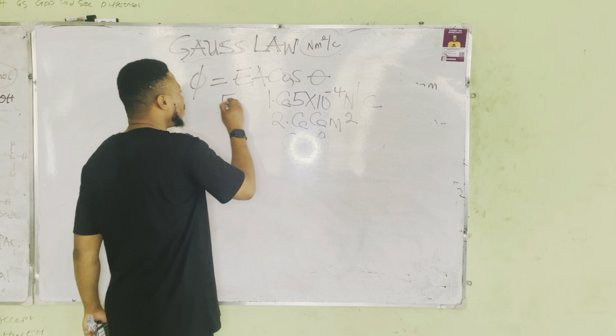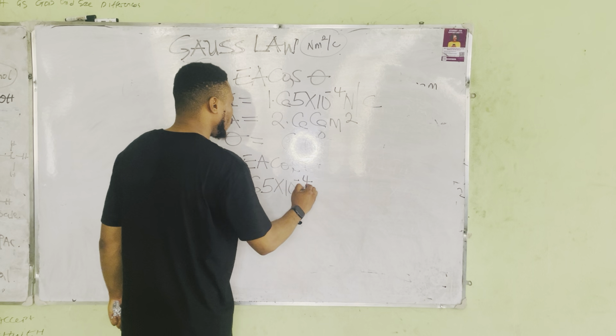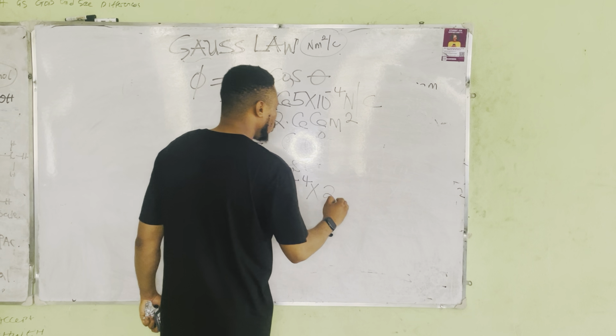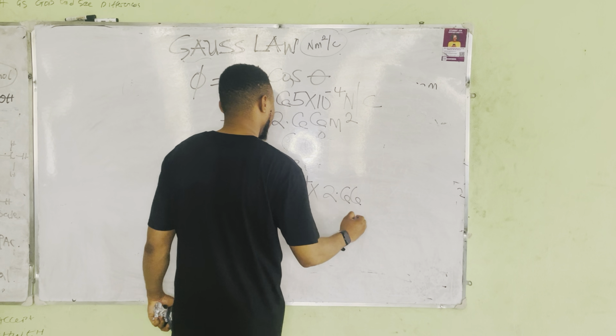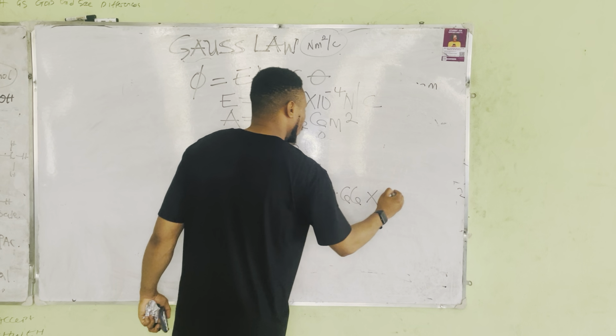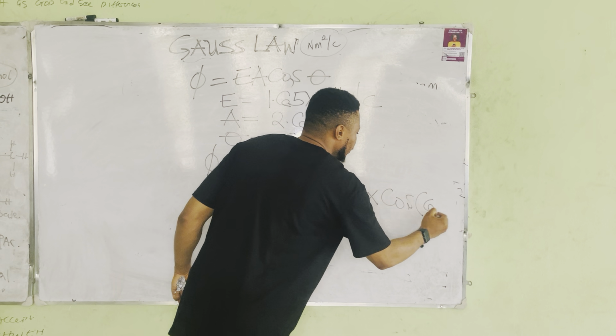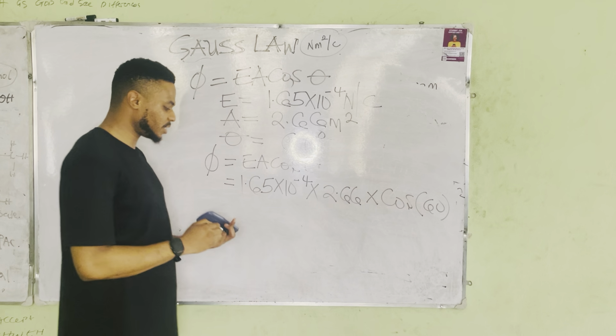So we are being told to look for phi, which is EA cos theta. This will simply be 1.65 times 10 raised to power minus 4, times 2.66, times cos 60. Where you have cos theta, you say cos 60.